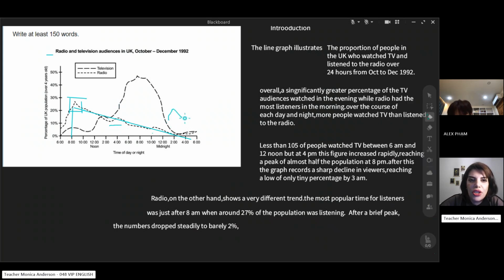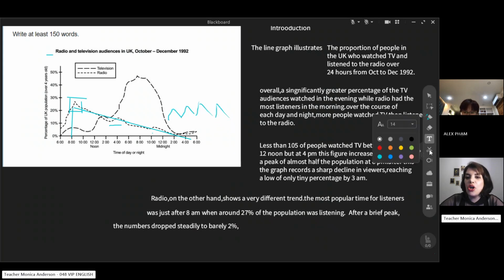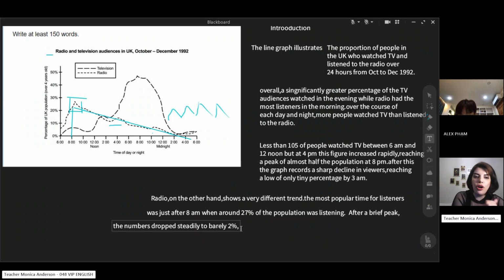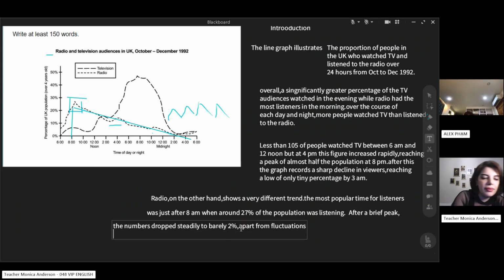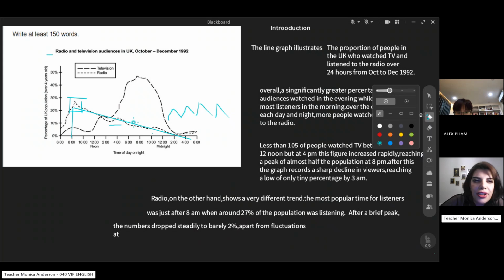But as you can see, we have fluctuations. This means, this way. So let's discuss. I say except for, or apart from, fluctuations at when, here, do you agree?